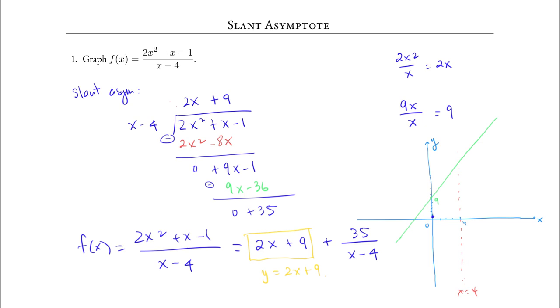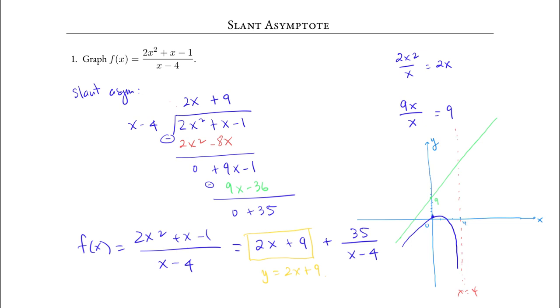Now we know that the graph cannot cross the vertical asymptote. Knowing what the graph of y equals 1 over x looks like, we see that this is simply a translation or transformation of the graph of 1 over x.